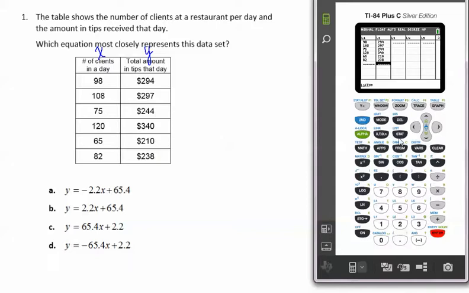Once you have checked that, you go over to the Stat again. This time we're going to calculate our equation. So you have to scroll over to the Calc menu. And because we are going to find an equation that's a line form, notice that none of these have an exponent of 2. They're all single x's with no exponent of 2. That means it's a line. So we're going to select number 4.